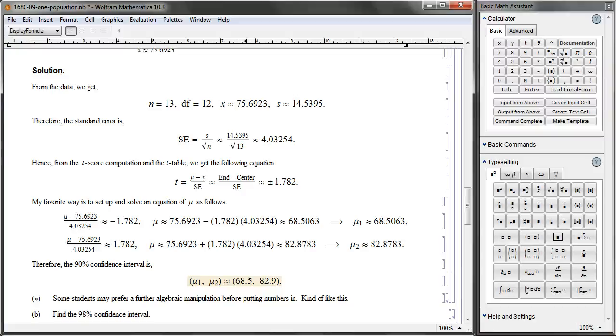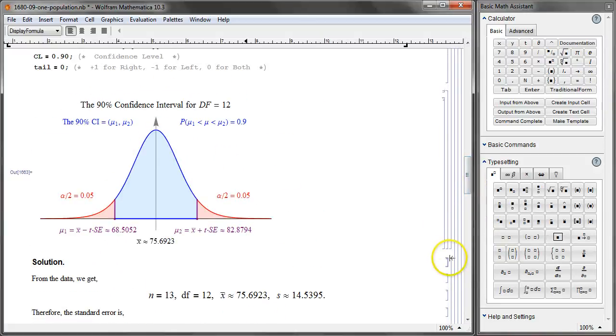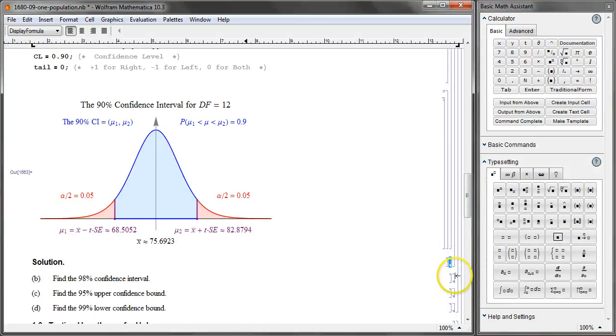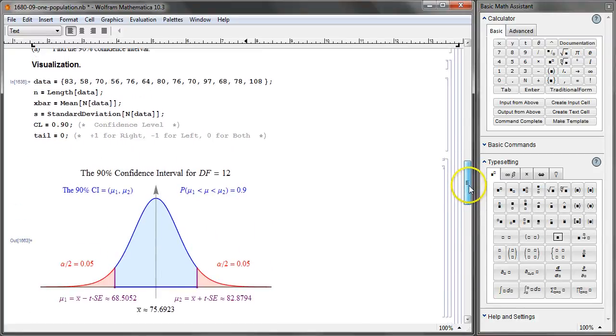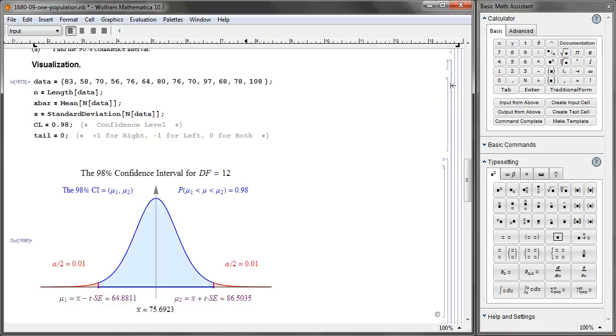Now, can you do the same thing for the 98% confidence interval? Well, I don't have any solution here, but I can help you with this visualization. Instead of the 90% confidence interval, let me draw the 98% confidence level, and here we go.